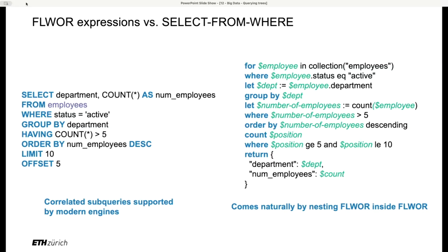Who heard of correlated subqueries? That's an advanced, super advanced feature of SQL. I don't think I see any raised hands. Anybody hand higher if you know it? Okay, really, okay. So a correlated subquery is basically when, typically, you nest a select from where inside, for example, a from, or inside a where clause, like where this attribute is in this, and then you have a nested select from where expression.